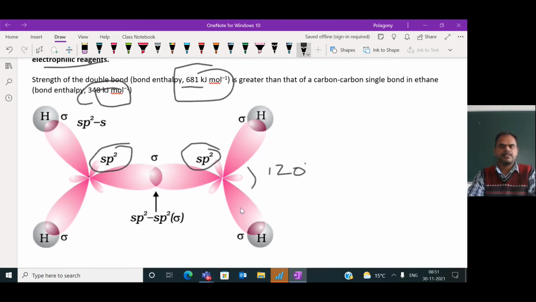Trigonal planar means alkenes have planar symmetry.